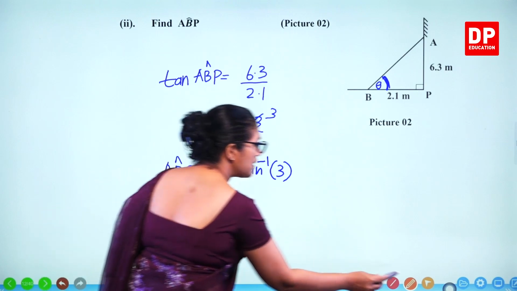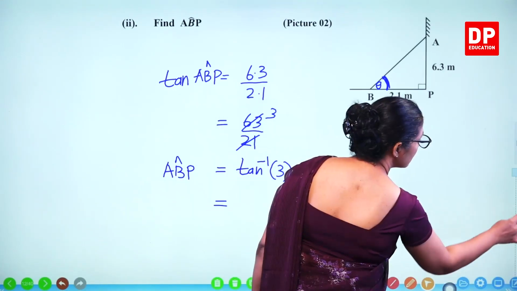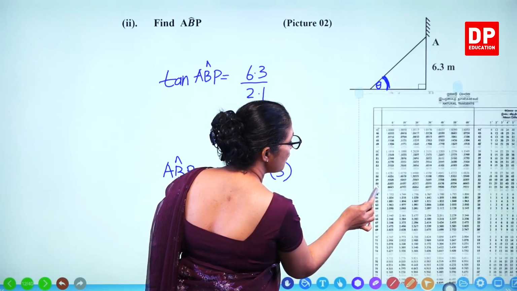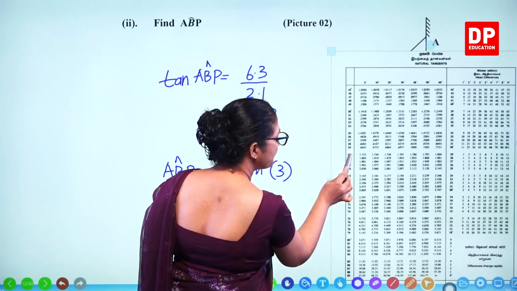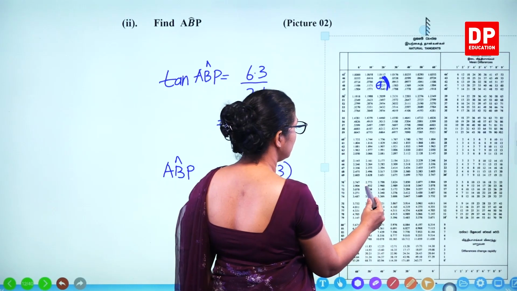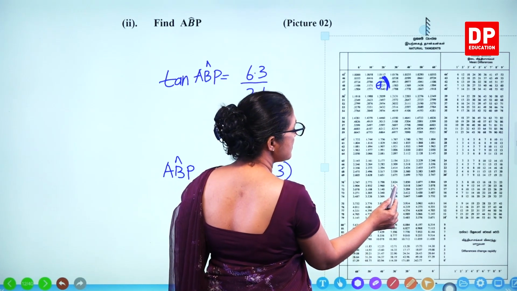Now we have to refer to the table, tan inverse, tangent table. 3, where you get 3? Here, 89 is there.